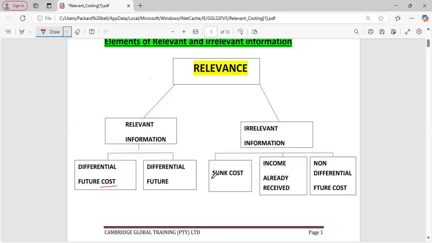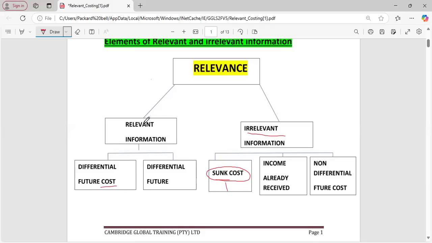If something has already been met, like a sunk cost, something that has already been paid, that one becomes irrelevant in decision making. When you are making a decision, you don't take it into account because it's not relevant to that particular decision.